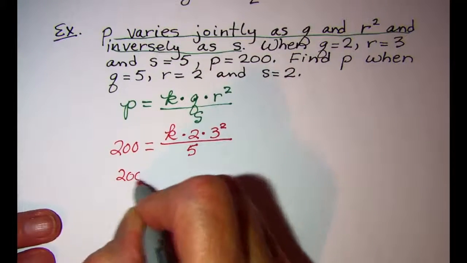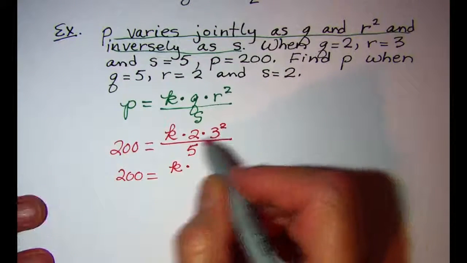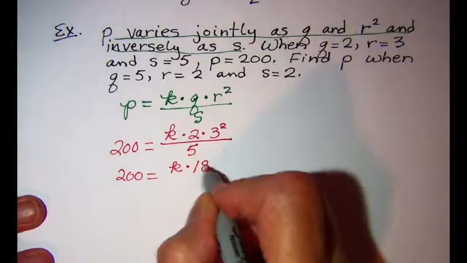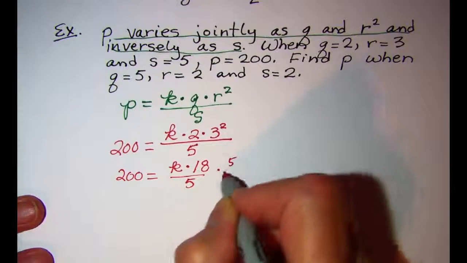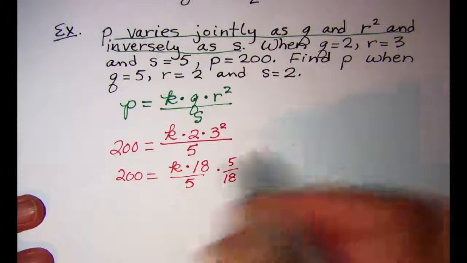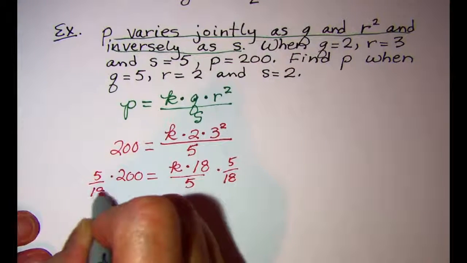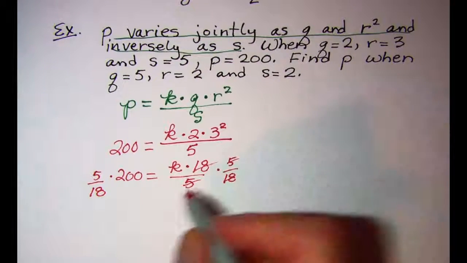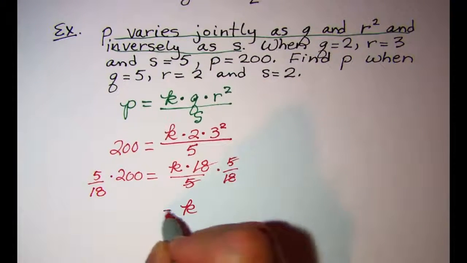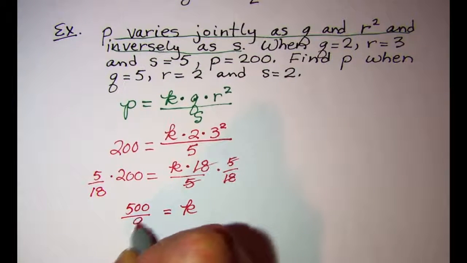This 200 is equal to K times 18 over 5, multiplied by the reciprocal. So it looks like K is 500 over 9.